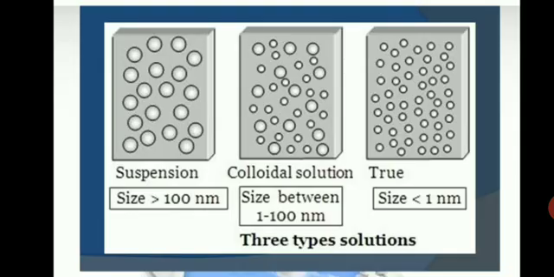Look at the particle size of colloids. We know that in a true solution, the size of the particle is less than 1 nanometer. What about suspension? The particle size is larger than 100 nanometer. The intermediate of these is colloids.